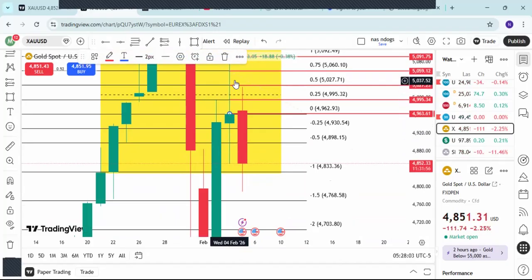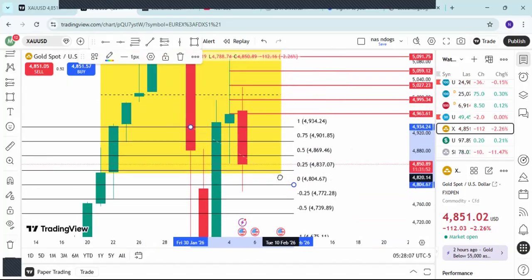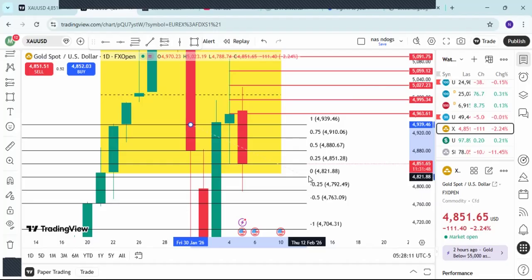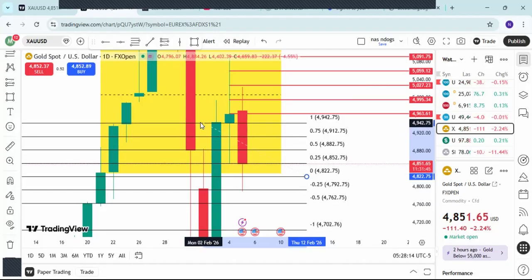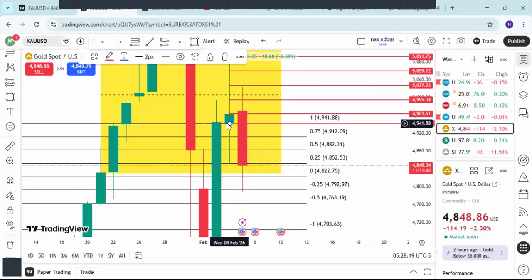Come down there, take the fib. Take the fib, put it there. Right, it's there. Then we're gonna measure again. It's a rejection block.